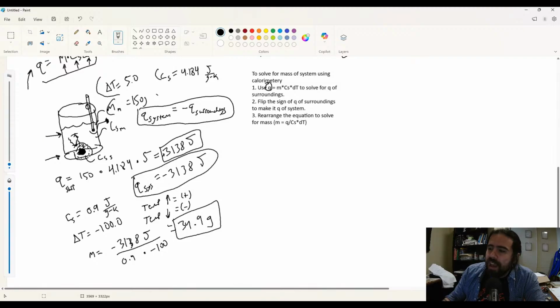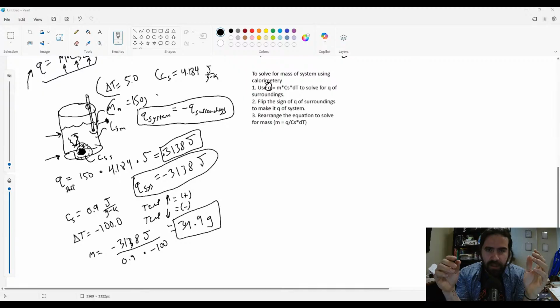It is a way of taking information. Let me try and contextualize this real quick. We're taking information about the surroundings, using that information in order to figure out the change of enthalpy of the surroundings, using that understanding to know about the change of enthalpy of the system, and then using that change of enthalpy of the system as a way of figuring out characteristics of the system.